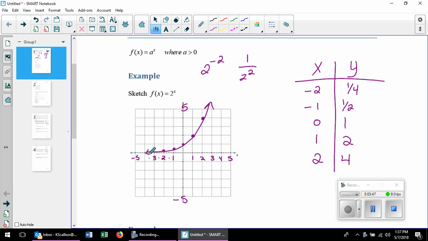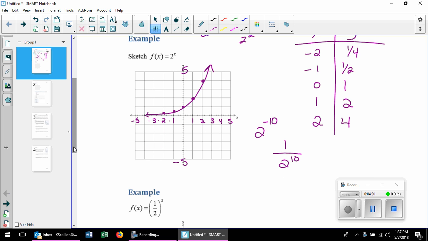Like if I have 2 to the exponent -10, that's going to be 1 over 2 to the power of 10. What's 2 to the power of 10? I'm just going to do it in the calculator. 1024. And if we put that into a decimal, it's just becoming a really, really small number.